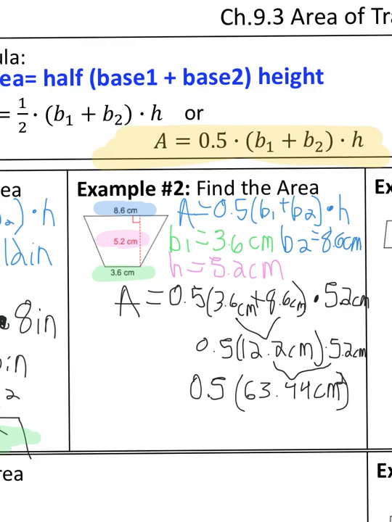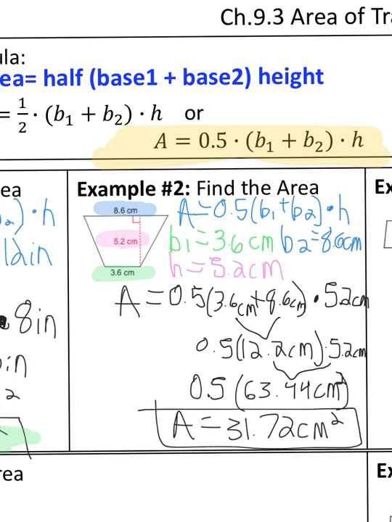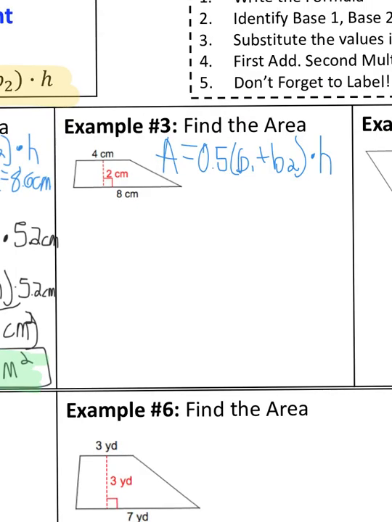We need to put that squared. Don't forget that. My final answer is going to be 31.72 centimeters squared. So that's your answer. The area of this trapezoid is 31.72 centimeters squared.